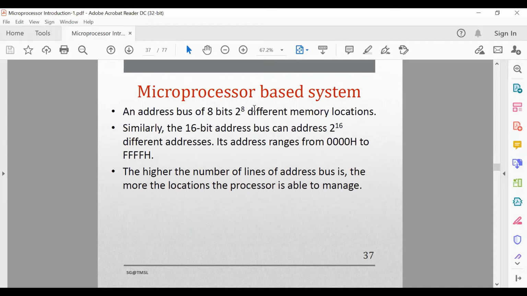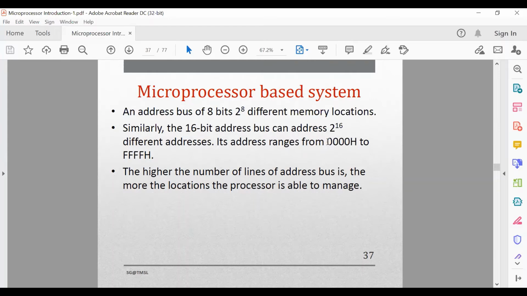Here is one example of an address. A 16-bit address bus means 16 address lines are available, and it can be represented as 0000 in hexadecimal number system. This H represents the hexadecimal number system.